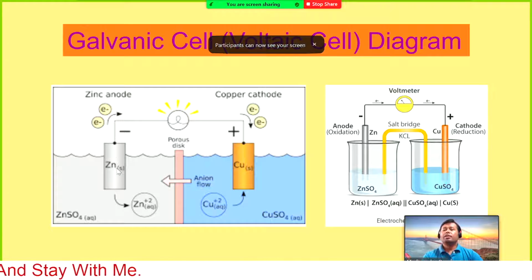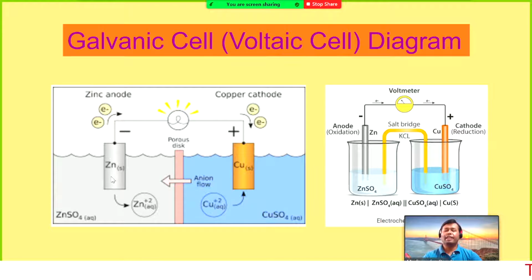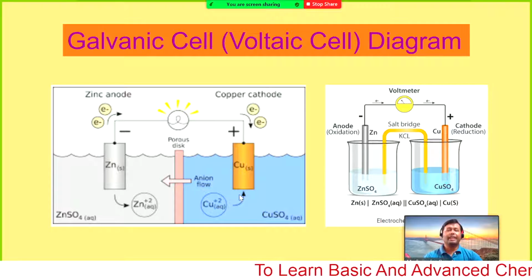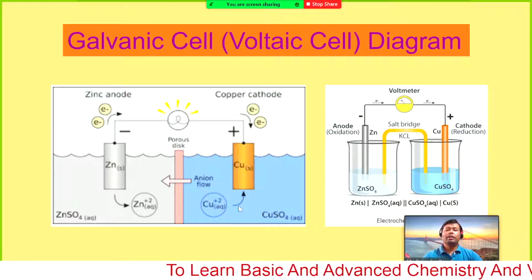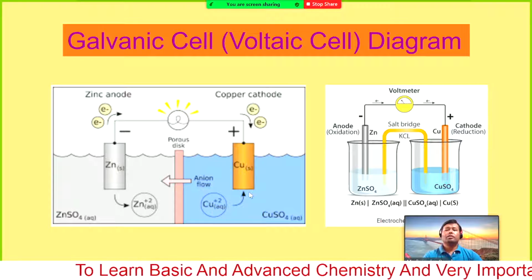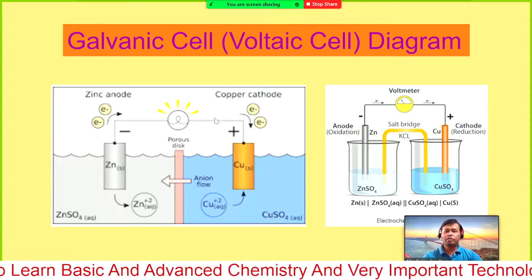So this zinc electrode can be considered as the anode because the oxidation takes place here, and here the opposite reaction, that means reduction, takes place. How? The copper ion takes some electrons from the electrode.